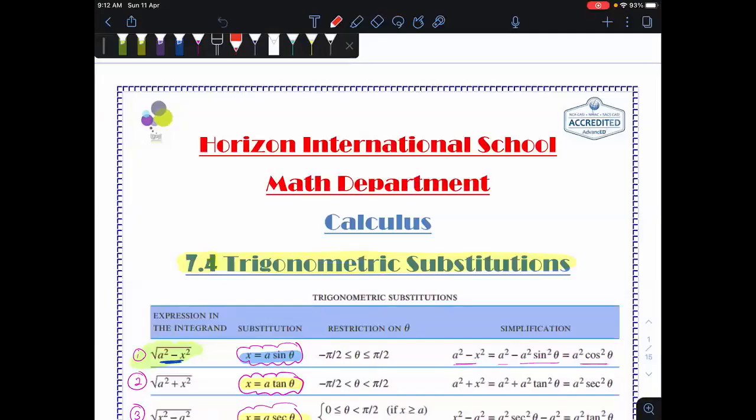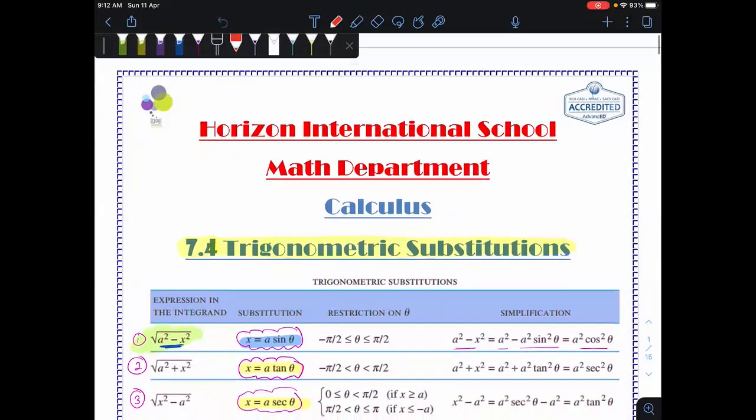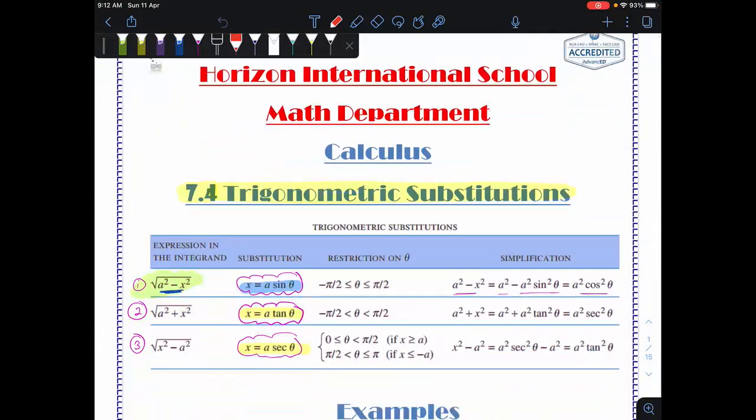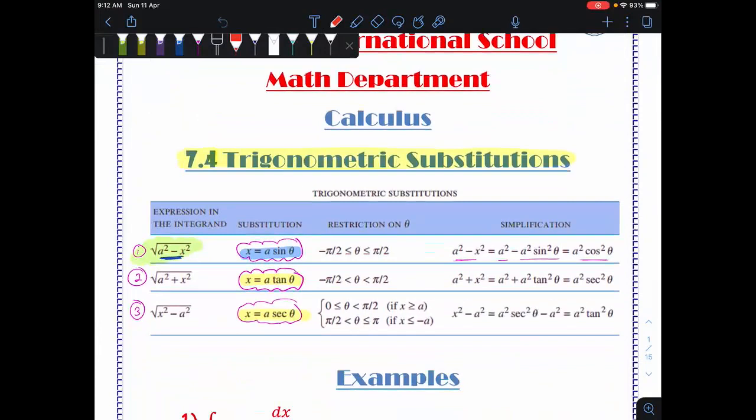We have another topic, guys: trigonometric substitutions, integrating some rational fractions by using a trig substitution. This table is very, very important for all of you. We have 3 cases. When the expression in the integrand is the square root of a squared minus x squared, we use x equals a sine theta.